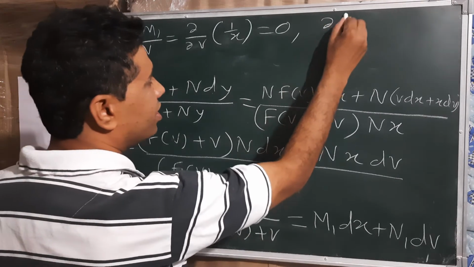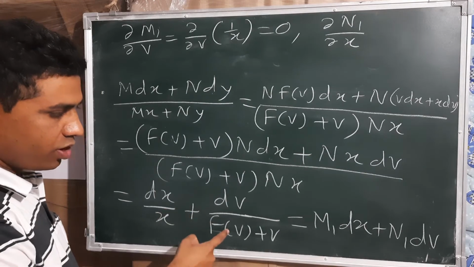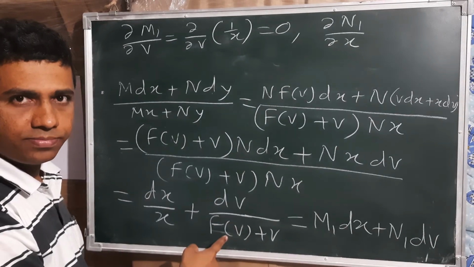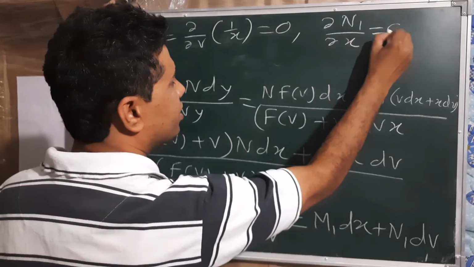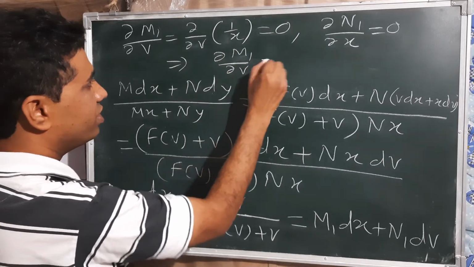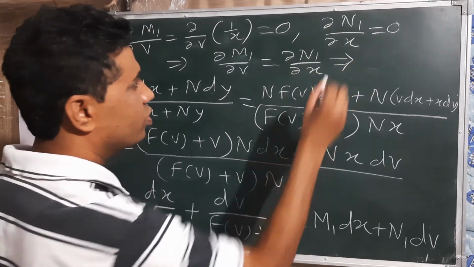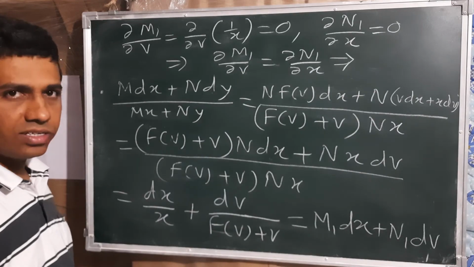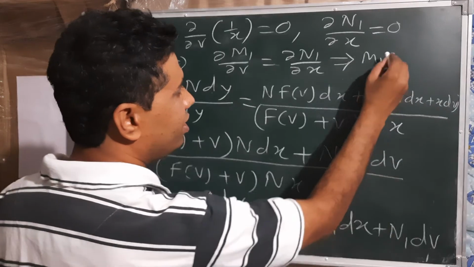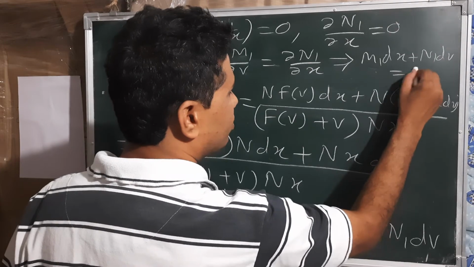Similarly, the partial derivative of N1 with respect to x is the partial derivative of 1 upon F of v plus v with respect to x. This term doesn't contain x, so this is 0. That means the partial derivative of M1 with respect to v is the same as the partial derivative of N1 with respect to x. So which equation is exact? M1 dx plus N1 dv equal to 0 is exact.